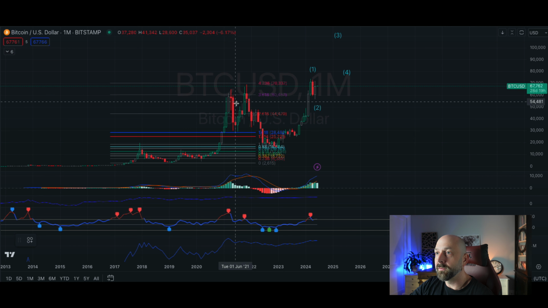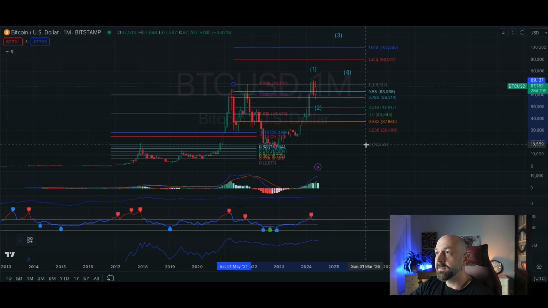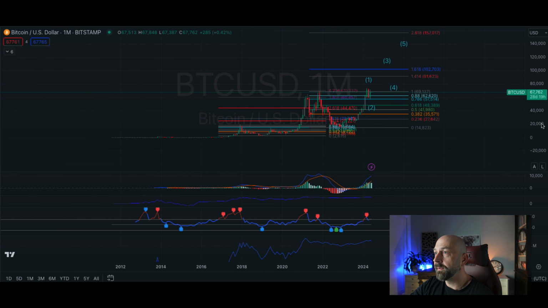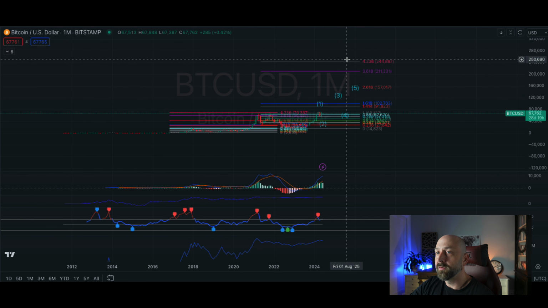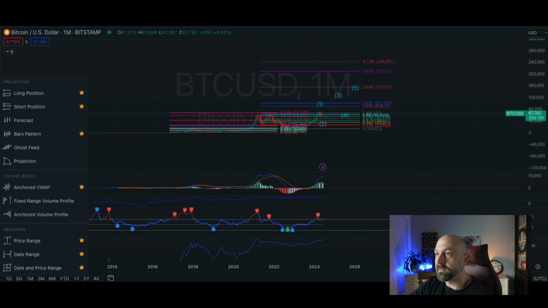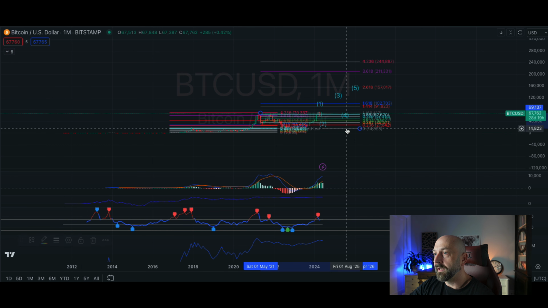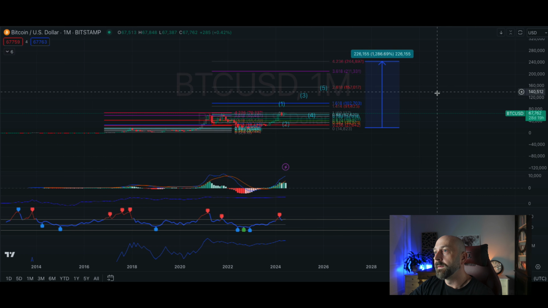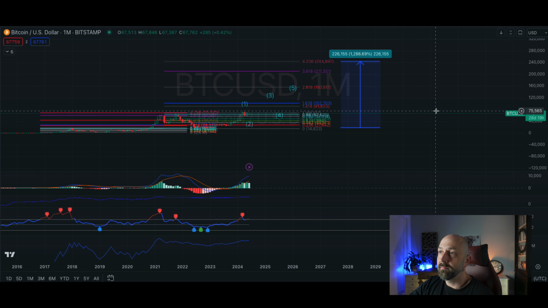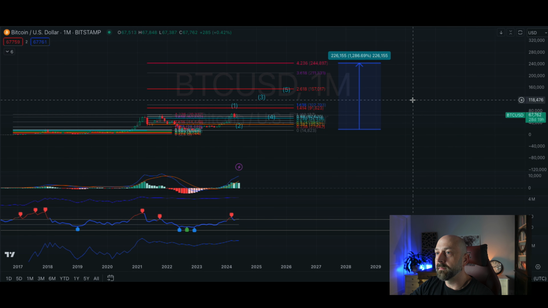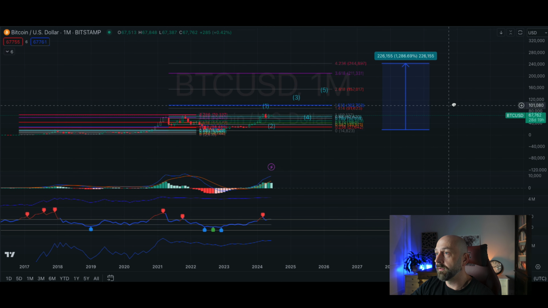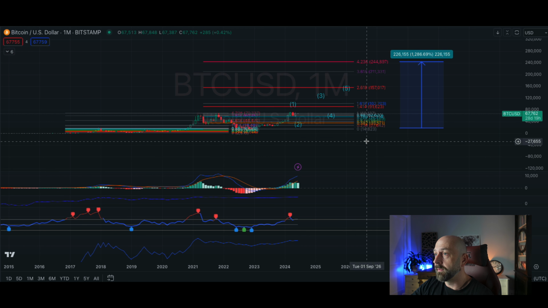A 4.236 of this level would be up around 250,000, but essentially that would be a 1200% return, which if we look at the previous cycles, it is still a diminishing return. It's possible, but I wouldn't count on that personally.